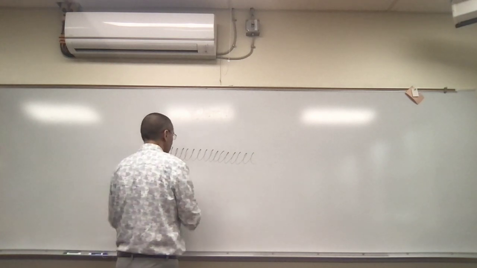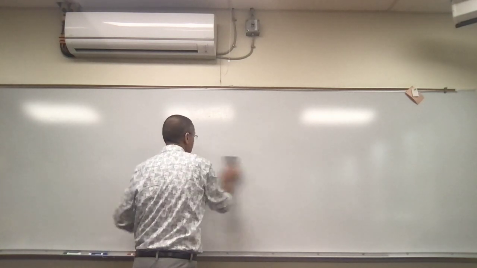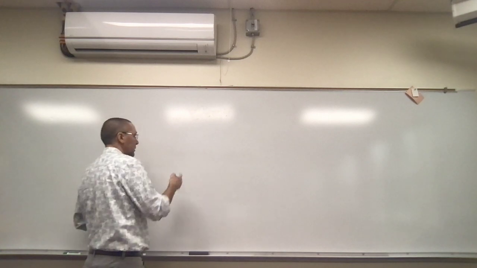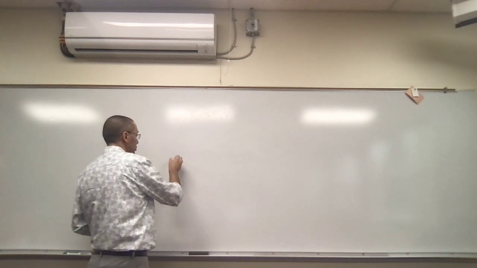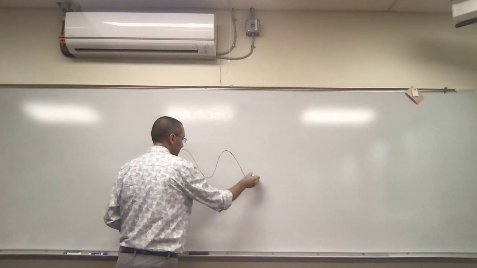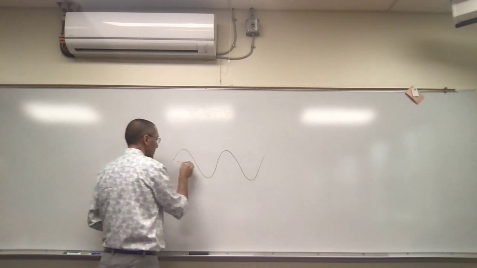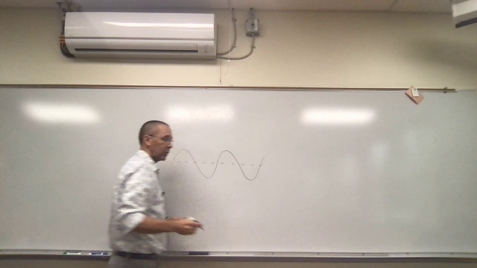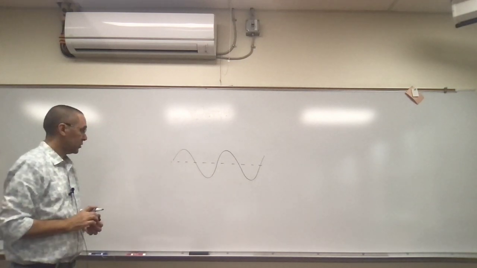Now, waves have some characteristics and some math that comes with them, unfortunately. But luckily, the math is easy. A representation of a wave is a sine wave. This middle here is what we call the equilibrium position.